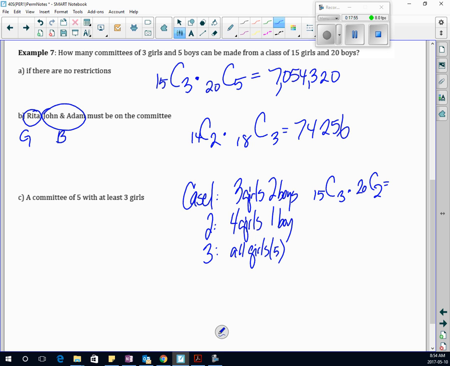Yes, so I have to recalculate that. And by the way, these are all subscripts. 15C3 times 20C2.